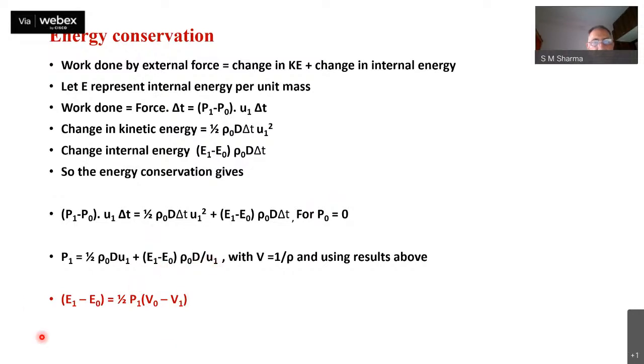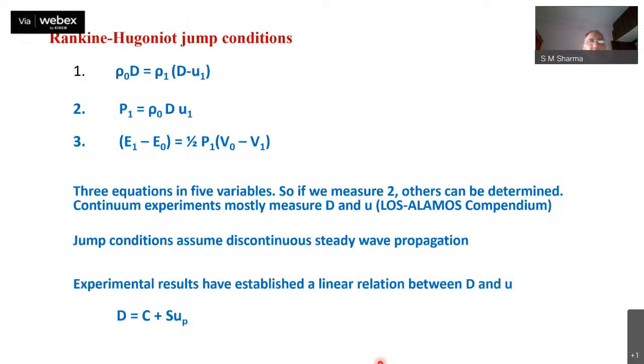In a simple form, if you put V is equal to 1 by rho and also use the previous two equations, one can write down the energy relation in terms of P1, P0 and the volumes. So we have obtained the three equations.